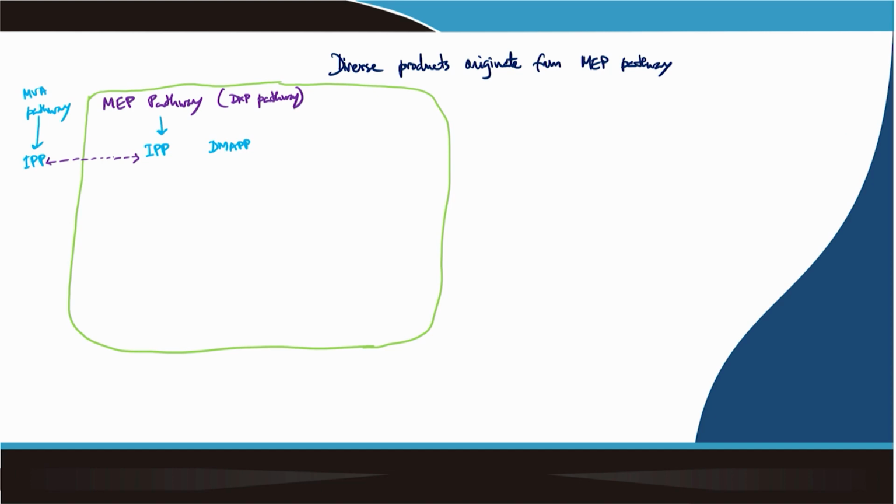Now, DMAPP contributes to different products such as isoprene, irregular terpene, and terpenes, and it also contributes towards the formation of cytokinin.